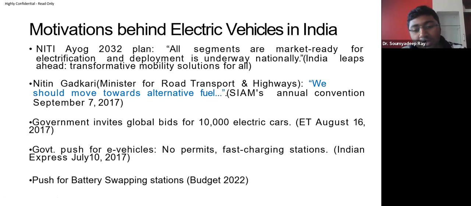In the current budget itself there is a push for battery swapping stations, to reduce charging time. You can go to a battery station, give them your 0% SOC battery, take a fully loaded battery, and drive again.